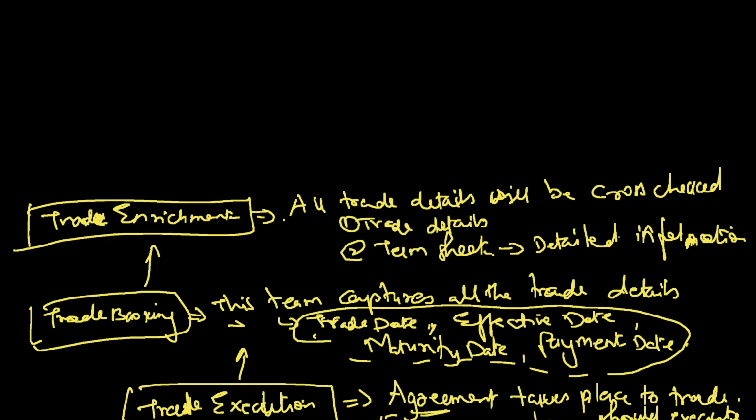For example, how much will be the compensation, and what are the events when the compensation has to be paid. For example, if the underlying asset gets defaulted, that is one. If the underlying asset doesn't pay interest on time, or any restructuring happens, or a moratorium comes into play, in such cases the event will get triggered. All such details will be mentioned in the term sheet.